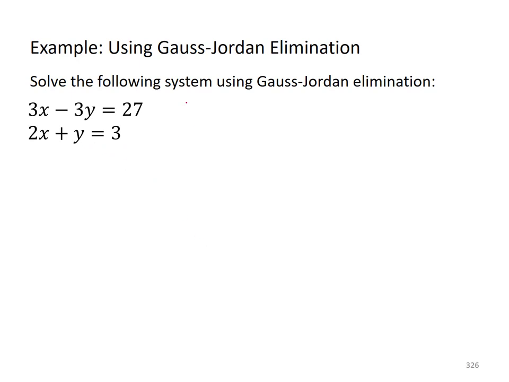So in my augmented matrix, this will become my first row, 3, negative 3, positive 27. And my second row will be 2, 1, positive 3, because my second equation corresponds to that.